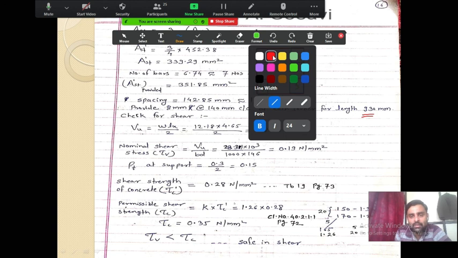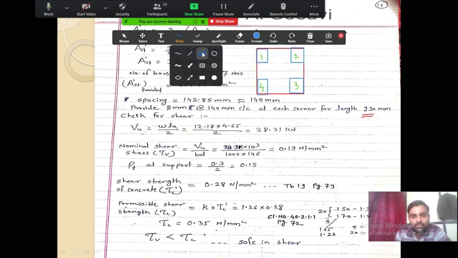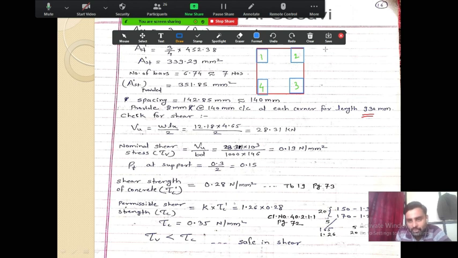Now if I consider any one of the corners, I will use blue. Suppose I consider this corner, corner number 1. What is the length? This length is 930 mm, and this length also is 930 mm.